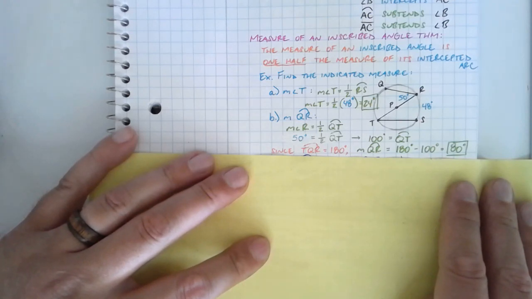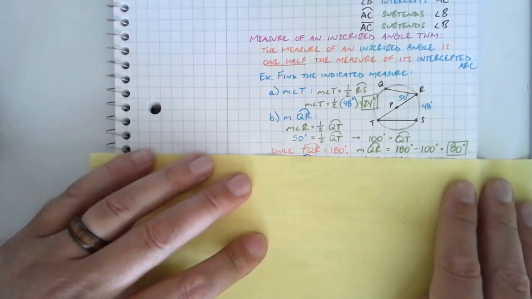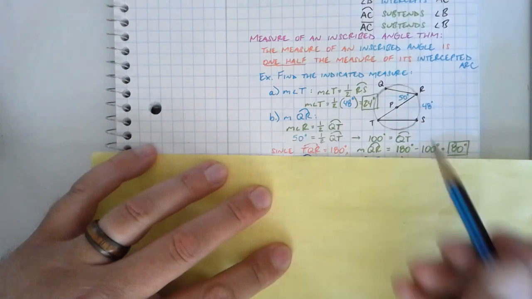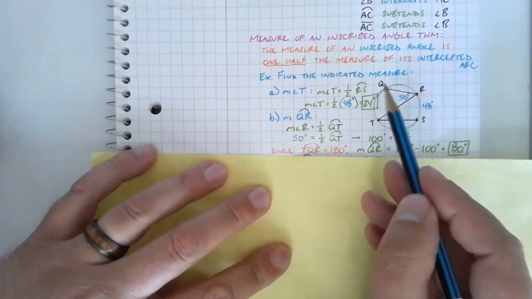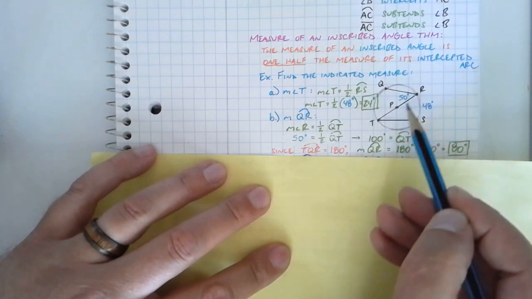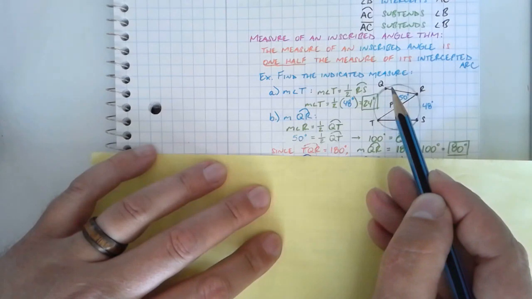So the first thing to get used to is being able to identify an inscribed angle. In this diagram, there are actually 2. Angle R, created by QRT right here, is an inscribed angle. It's important to be able to identify both the inscribed angle and its intercepted arc.